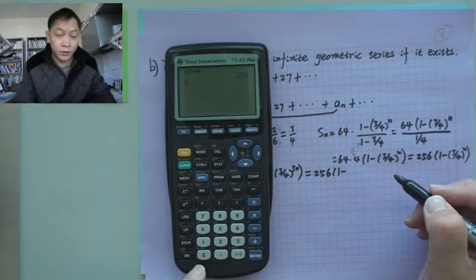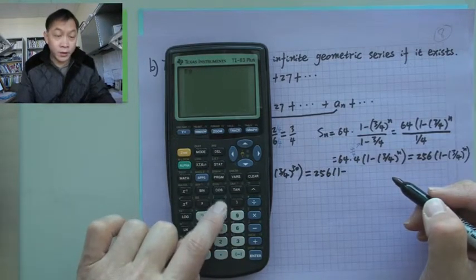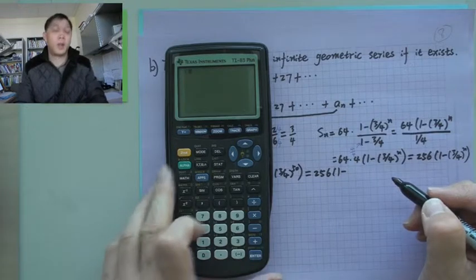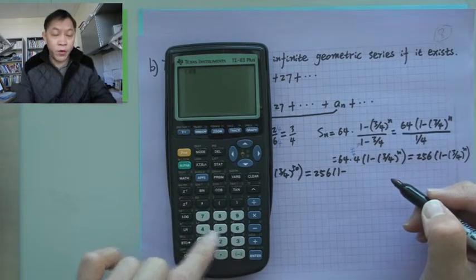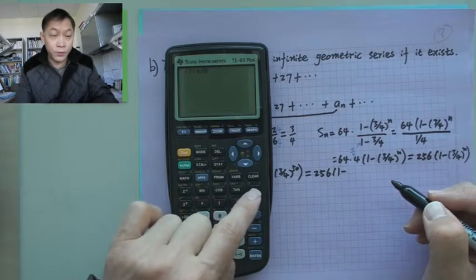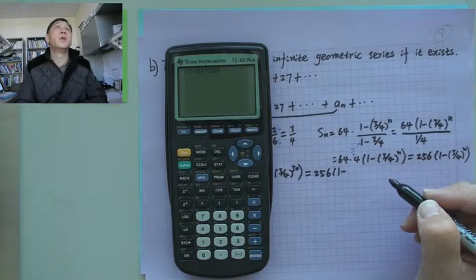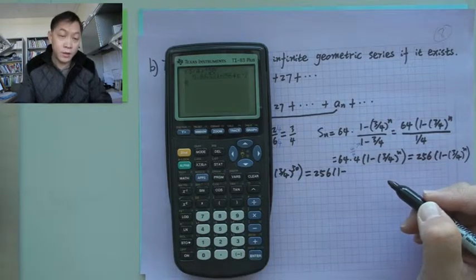So you have a parenthesis 3/4 to the 50. Hit enter.